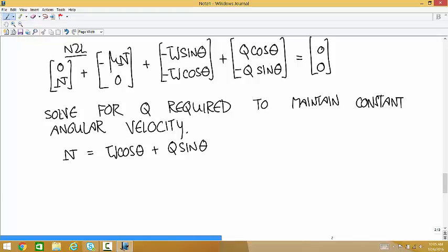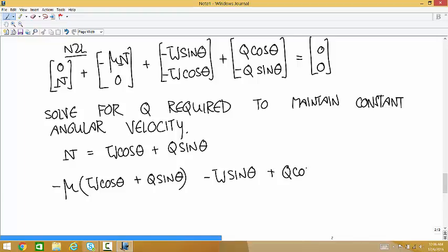And then plug that into the first equation, and you get negative mu times the quantity W cosine theta plus Q sine theta, minus W sine theta, plus Q cosine theta is equal to 0.